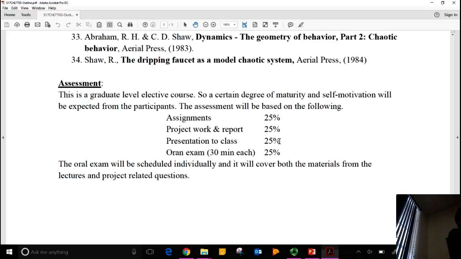Okay, so I don't think that should be a problem unless a person comes from history and wants to take this course, right? Any engineering, any science undergraduate degree should be adequate to follow the arguments that we are making, I think. Okay, any other questions?